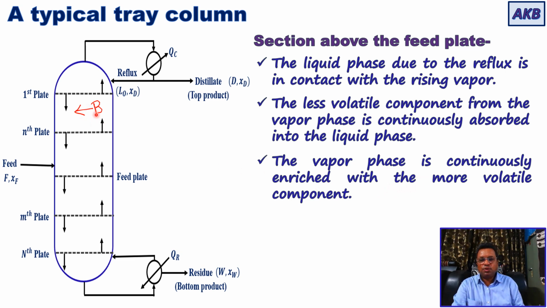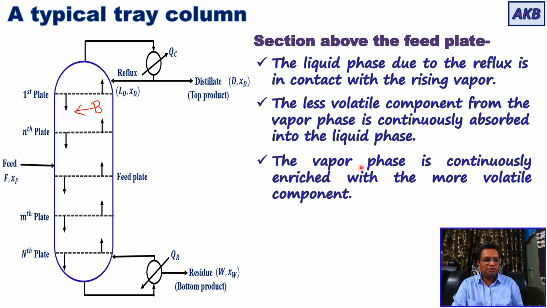As the less volatile component continuously gets absorbed into the liquid phase, what is the end result? The vapor phase gets enriched with component A, the more volatile component. When the less volatile component is removed as it gets absorbed into the liquid phase, the vapor phase itself becomes rich in the more volatile component.